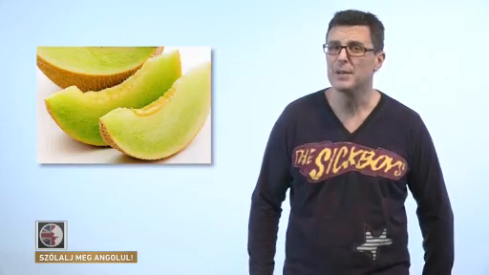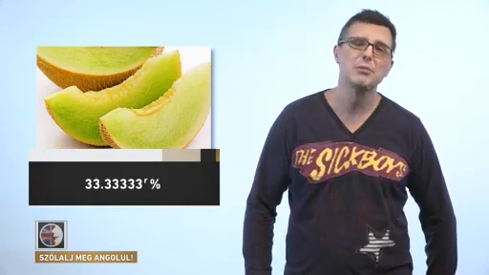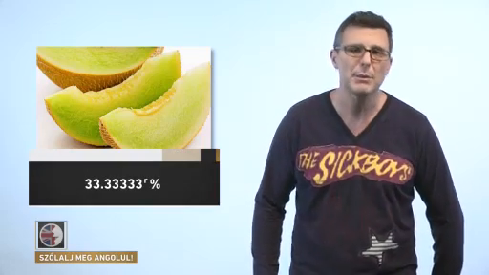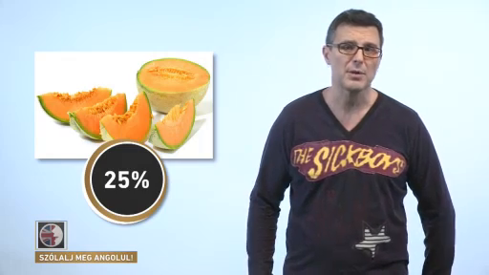If we split something into thirds, then we need 3 of them to make 100%. So a third is 33.33333 recurring of something. To quarter something is to cut it into 4 pieces. So we need 4 to make 100%. This means that a quarter is 25% of something.